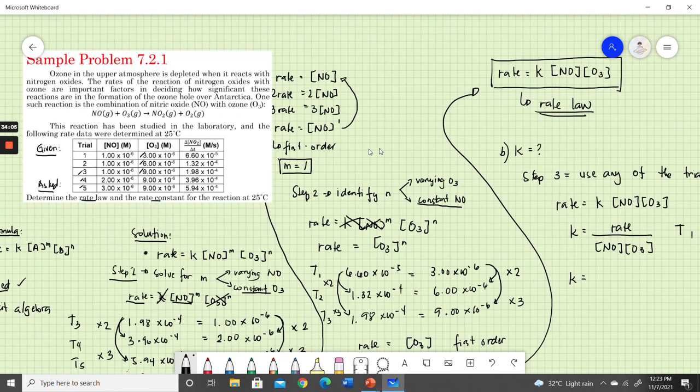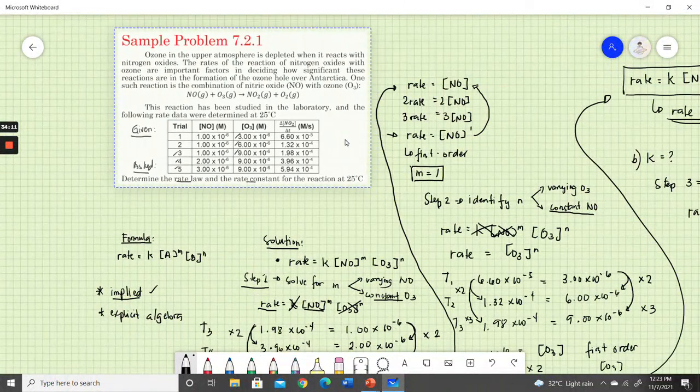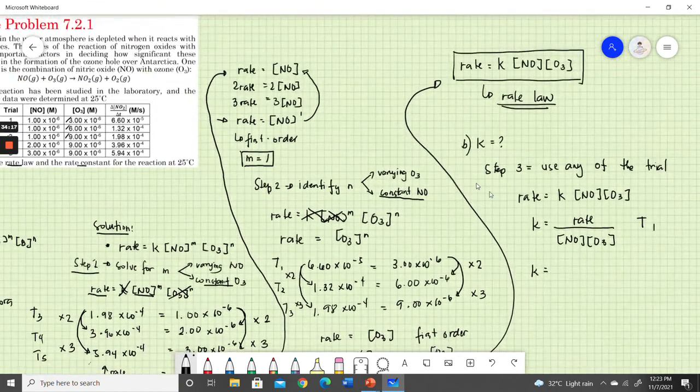You can use trial 2 or trial 3, it's up to you. You can use any of the trials and you will get the correct answer for K. As for trial 1, we have a rate of 6.60 times 10 raised to negative 5, divided by this, 1 times 10 raised to negative 6, and then 3 times 10 raised to negative 6.